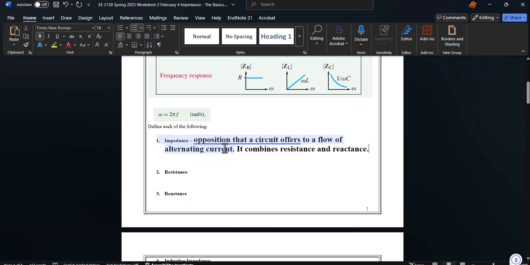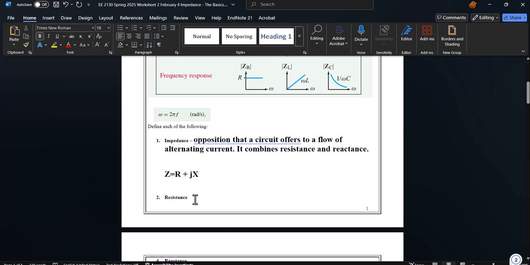So the symbol for impedance is Z, and we say Z equals R plus jX. So R is the resistance and X is the reactance.